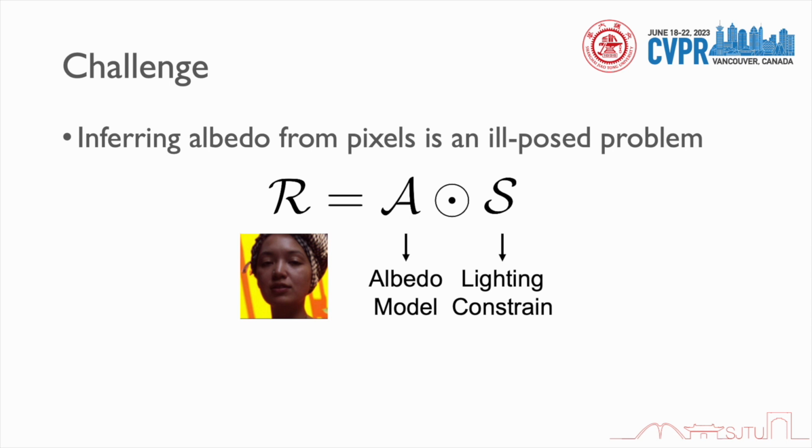The primary approaches are creating a texture model to restrict the albedo space and introducing additional lighting constraints to reduce ambiguity. The main reasons behind the biased albedo estimation include biased albedo models and limited lighting constraints. Despite these constraints, most current albedo reconstruction methods continue to bias light-colored albedos, unfair to people of different ages and races.